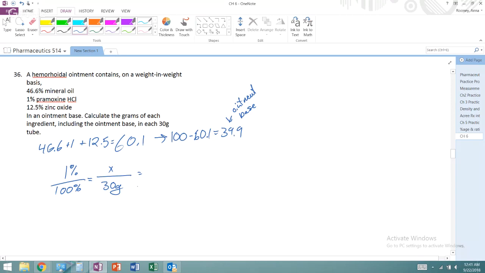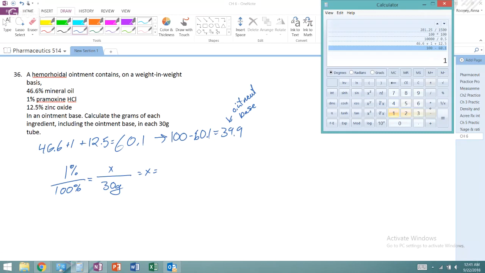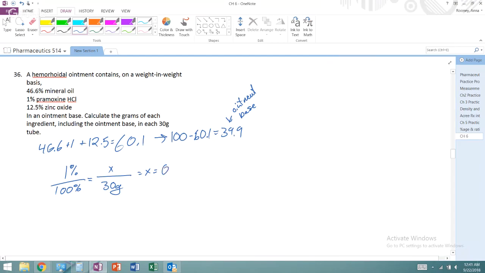You find that X equals 0.3 grams. Then you just take your 12.5 times 0.3, your 46.6 times 0.3, and your 39.9 times 0.3.